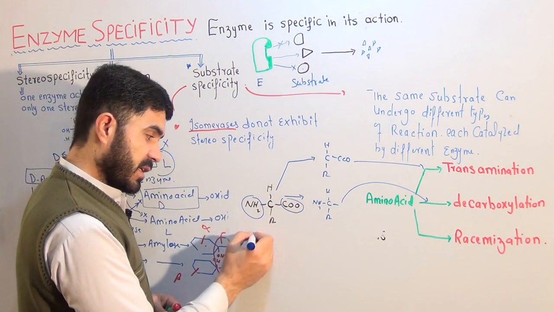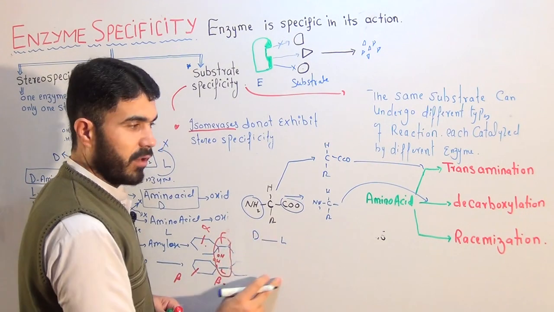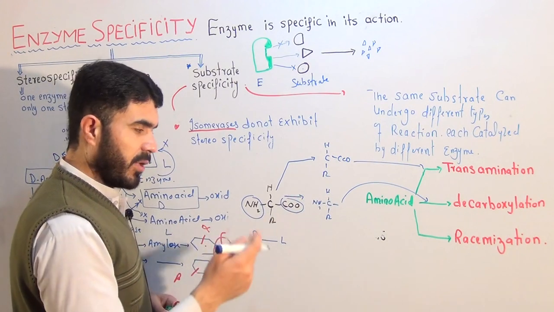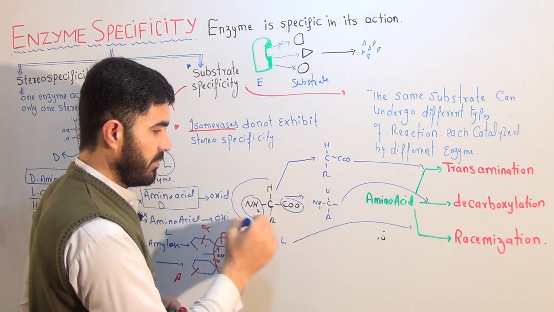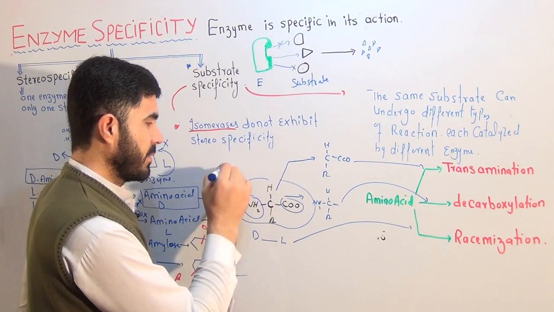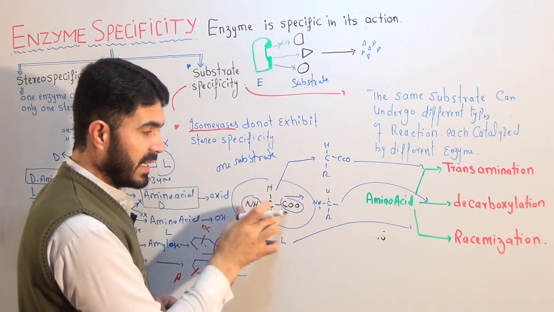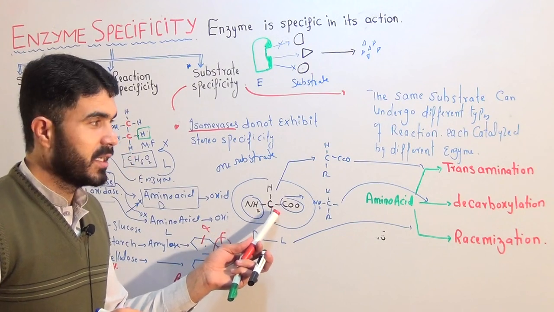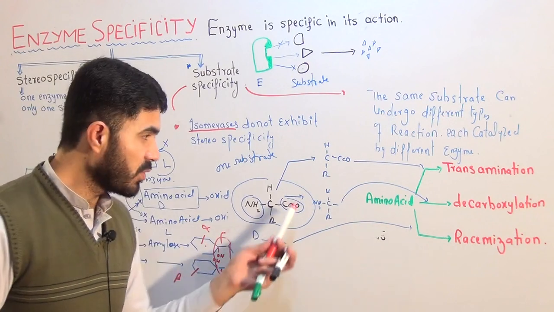Similarly, if it is in the D form, it can be brought into the L form. We can call it racemization. In all these three cases, we have one single substrate, but this one single substrate is going to perform more than one type of reaction.